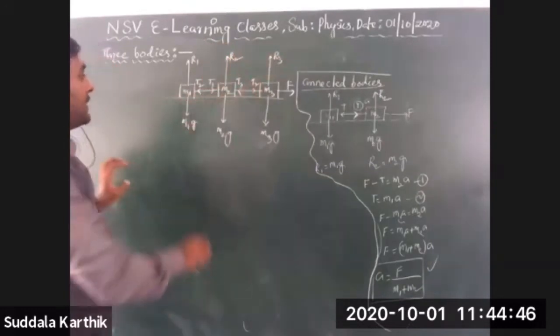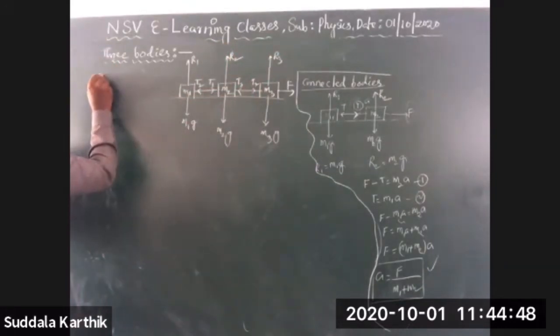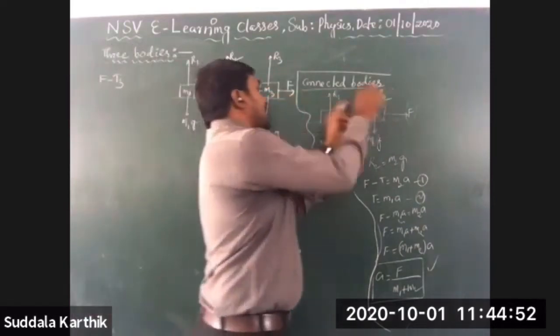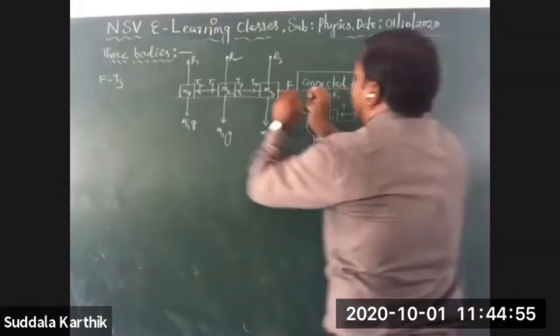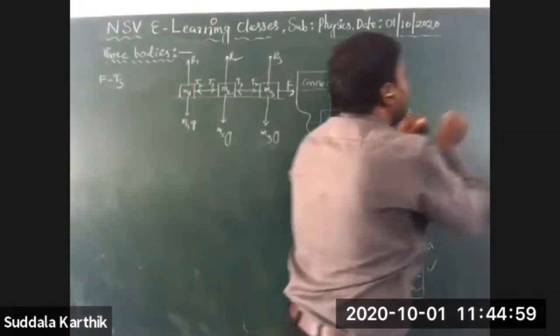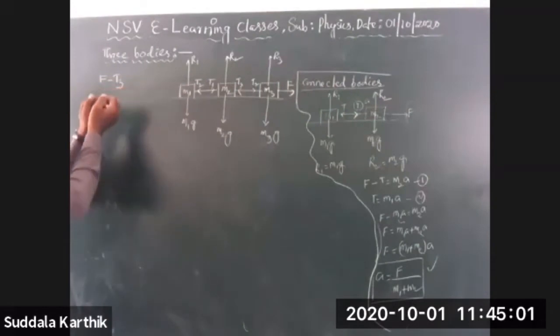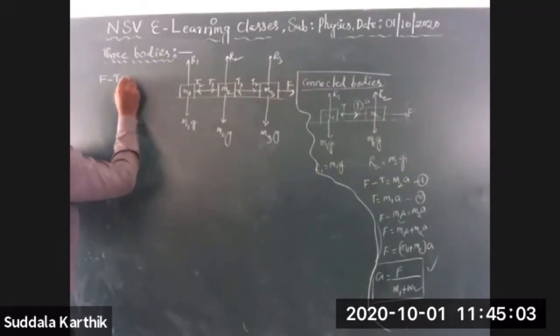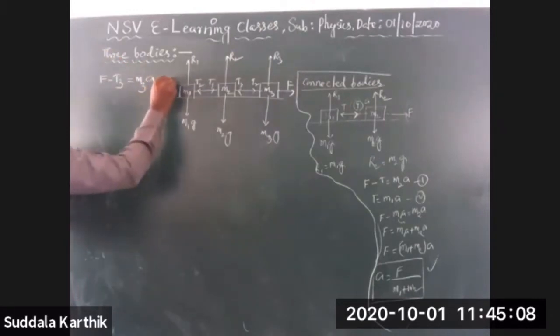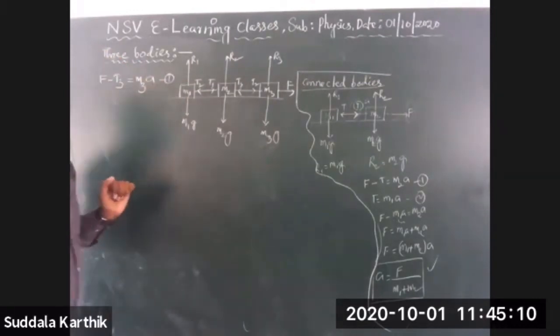T3 and F. You are pulling with force F in this direction, and your friend is pulling with force T3 in this direction. That is equal to M3 into A. Let it be equation number 1.